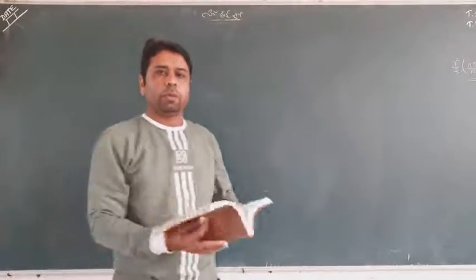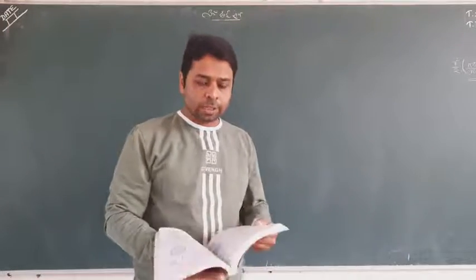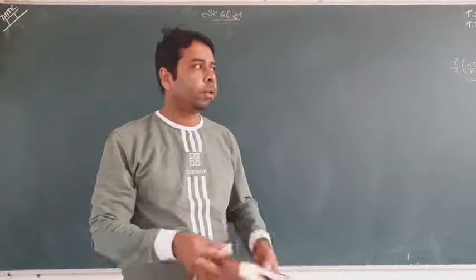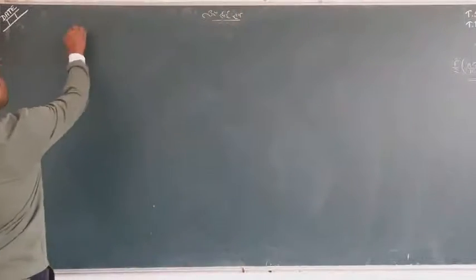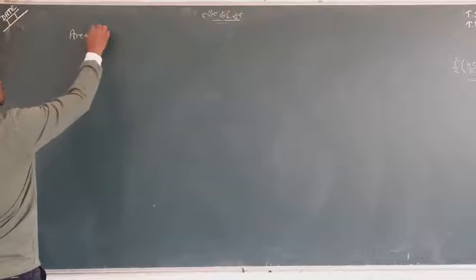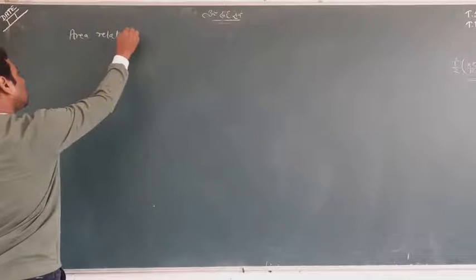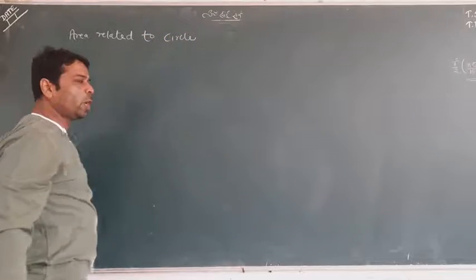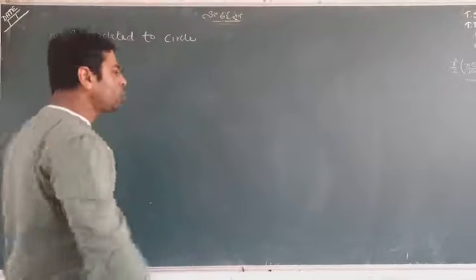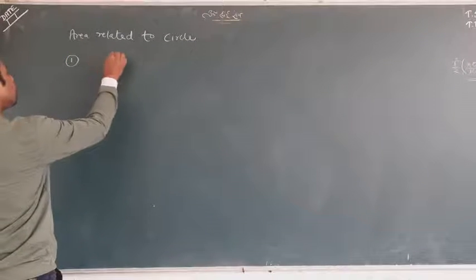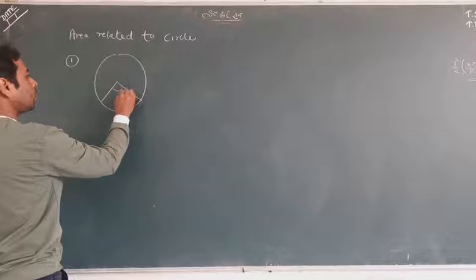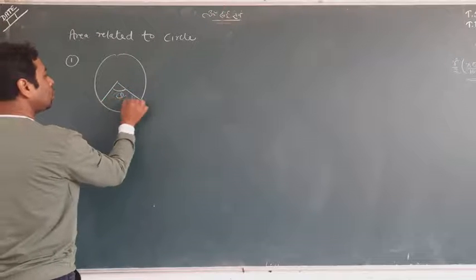We saw in the last class we had a chapter, Areas Related to Circles, and about this chapter we already have known about three things. First, this is called the sector.